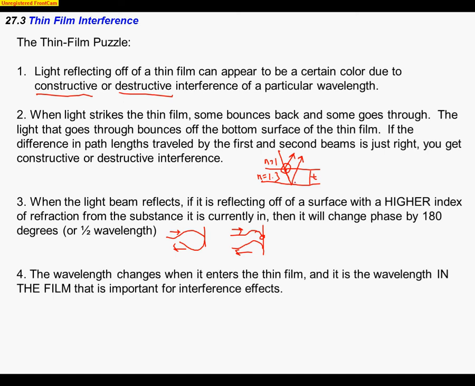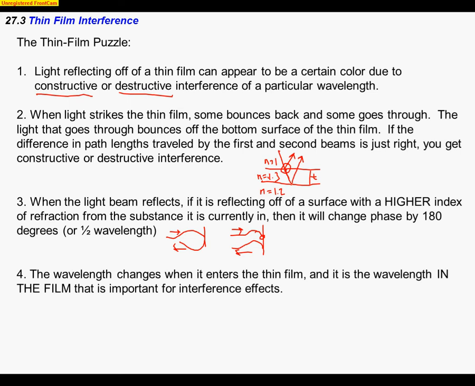Now, if that happens at both instances of reflection, then you don't have to worry about it. But if it only happens at one, then the condition for interference is exactly opposite of what you would expect. So for instance, if the index of refraction down here is, say, 1.2, then this first beam that reflects is coming from a lower toward a higher index, and it reflects off the material with a higher index, so it changes phase.